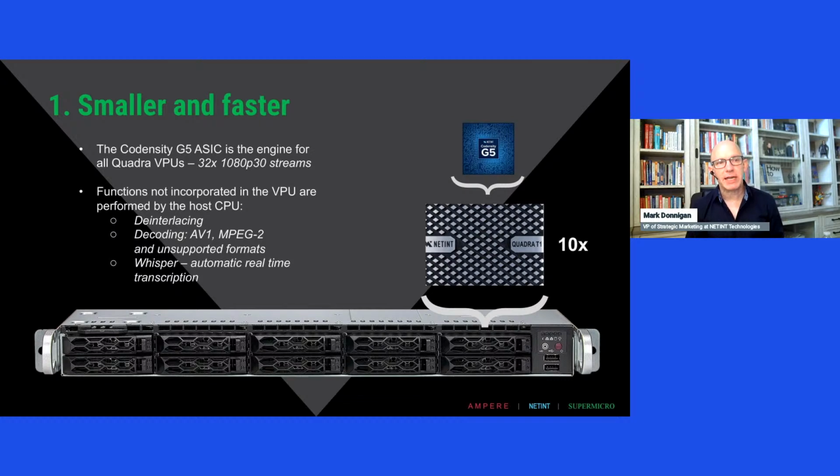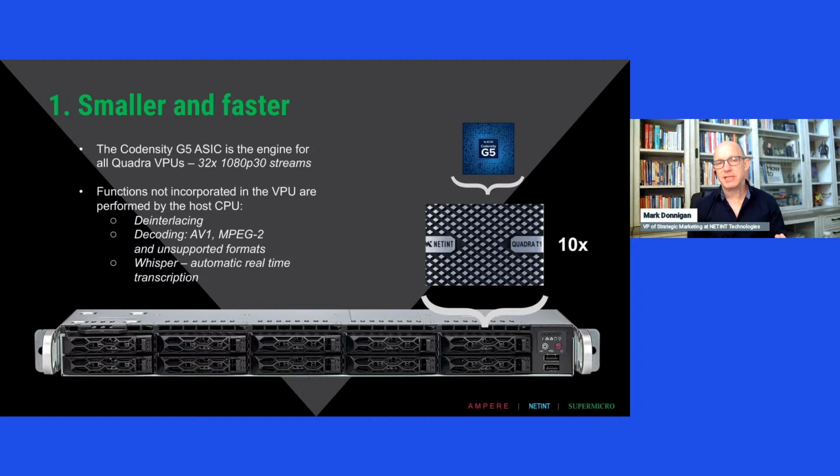So what we have here is 10 of our T1U VPUs, and again, VPU is video processing unit. Each one of those can do 32 1080p30 streams, and we're going to show you some really interesting data with deinterlacing and some other functions that you can run on the CPU. But right now, we're just talking about transcode performance, so you can get an idea of the raw encoding, transcoding performance.